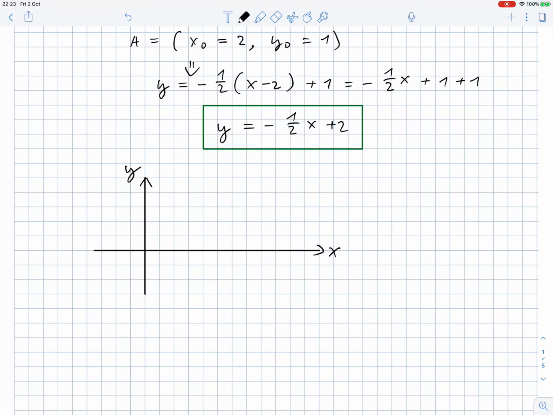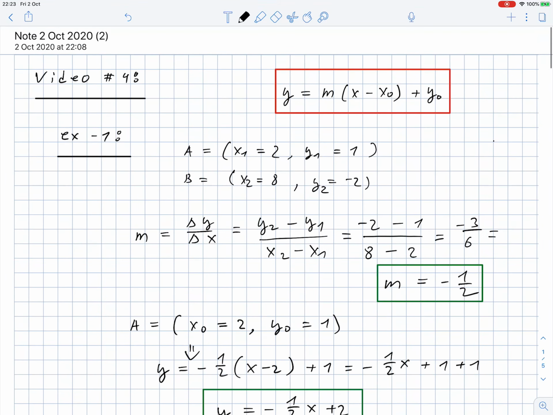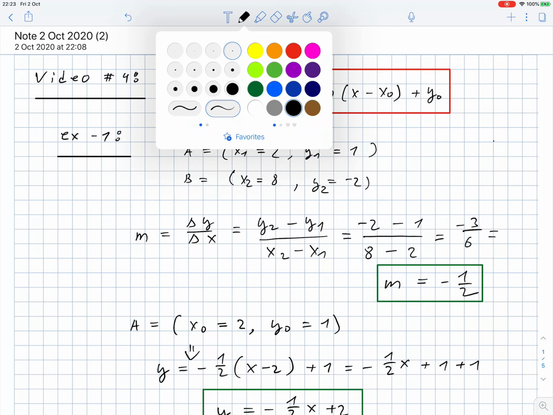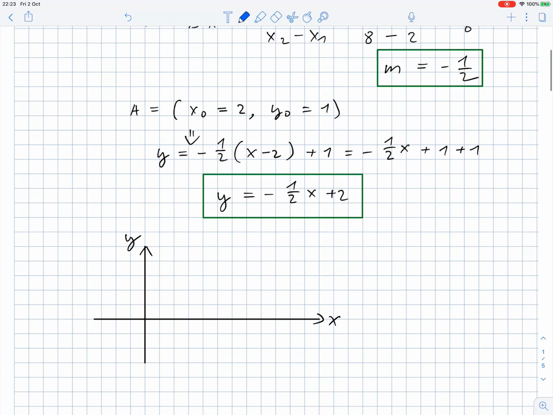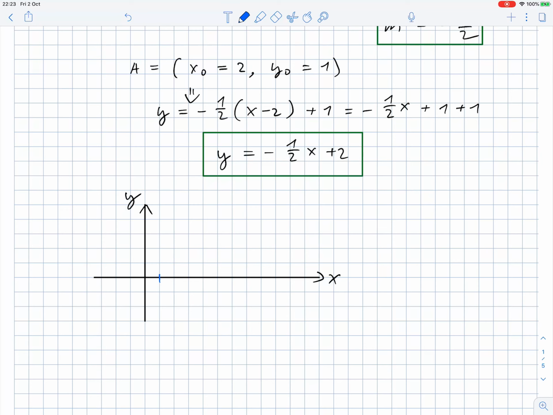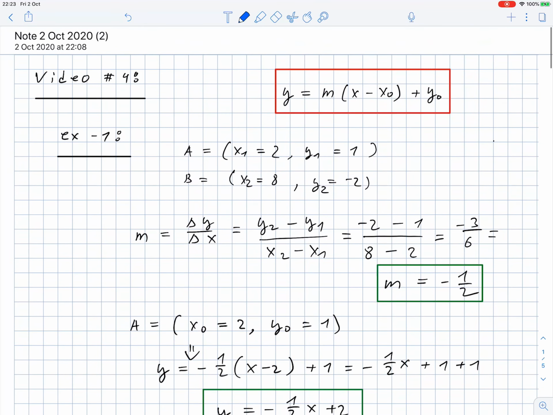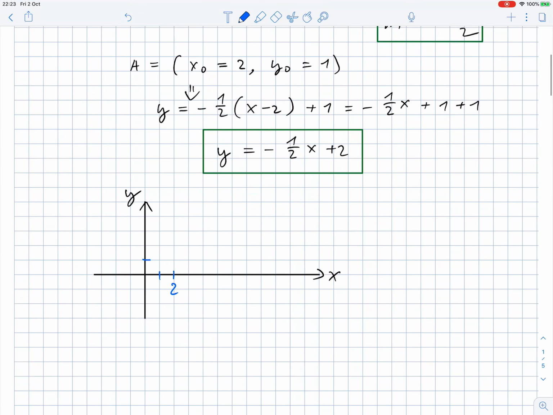We can use the points that we've been given. The first one is A, x1 is 2, and y1 is 1. This is our first coordinate, A, here.